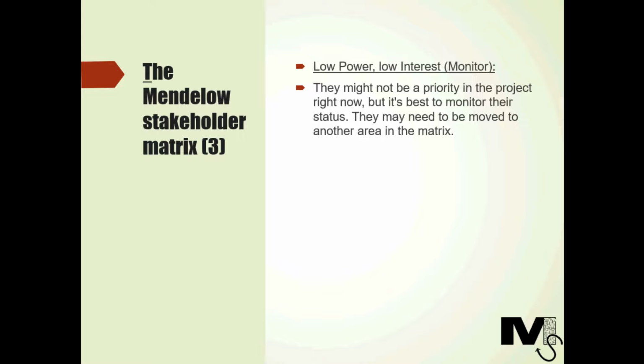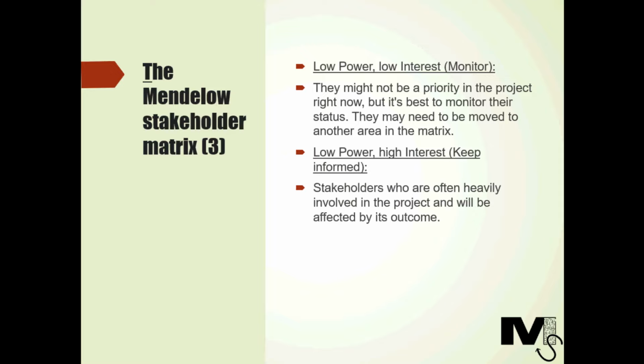These can sometimes be clerical staff, interns, or people even external to the organization. Although they aren't a priority in this project, it's best to monitor the status of these stakeholders. If at any point either factor changes for them, they may need to be moved to another area of the matrix.